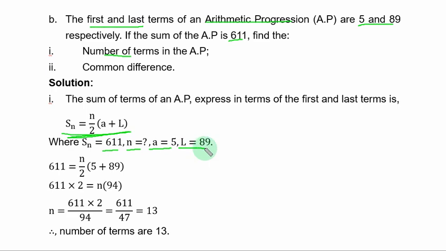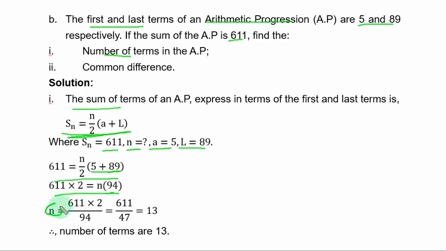You replace all of these in this formula, you have this result. Multiply through by 2 to clear the fraction. At the same time, you add the two terms in the bracket and you have 94. Divide both sides by 94 to get n.